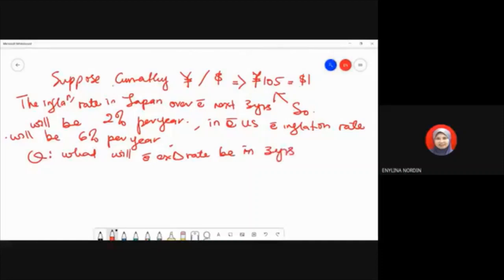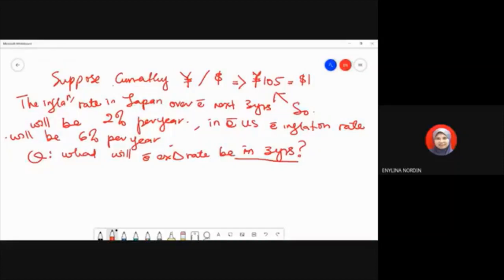That is the question. The question is asking you for the next 3 years, what is going to happen? Just now we made an example for the next year, for 1 year, after 1 year, what is the expected exchange rate for yen? Now, how are we going to do that?